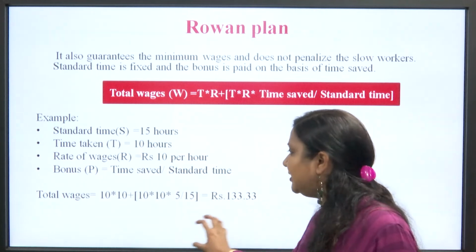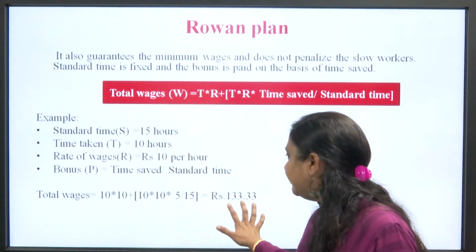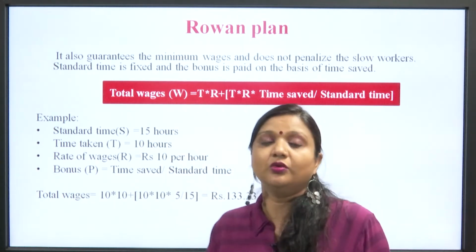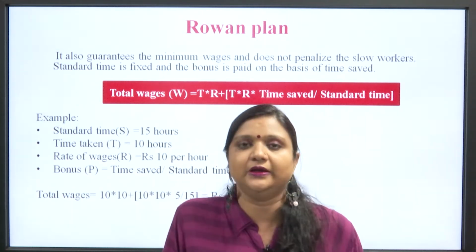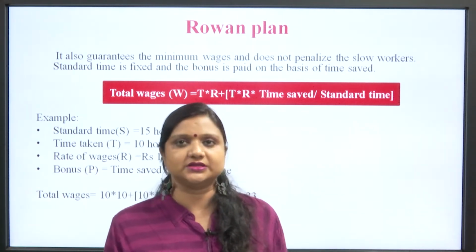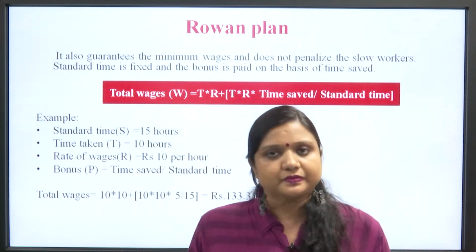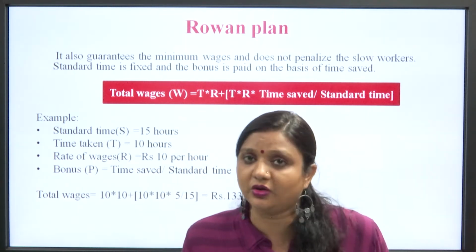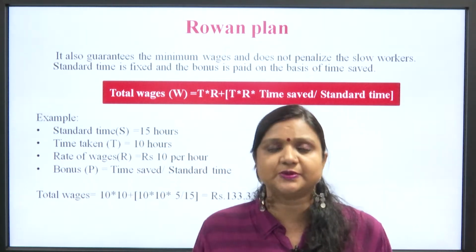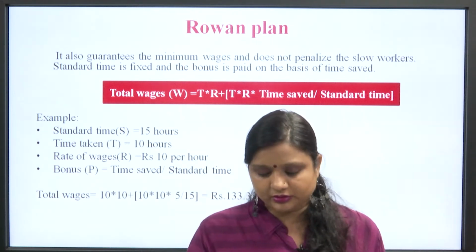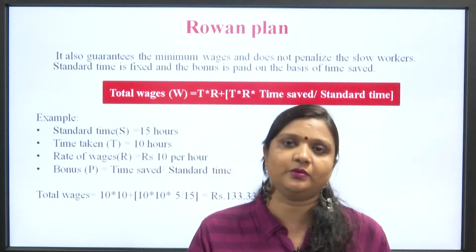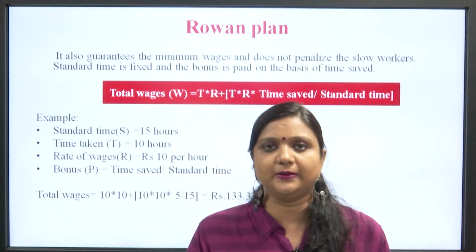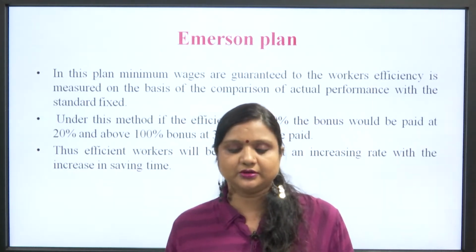After calculating, the value is rupees 133.33. So, the total wage is determined by the human resource manager or by the organization, if that organization is using this particular plan for getting an idea about the incentive or the total wages for the employee.